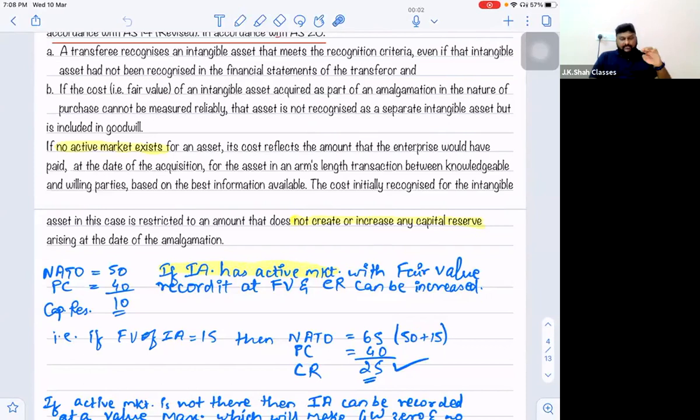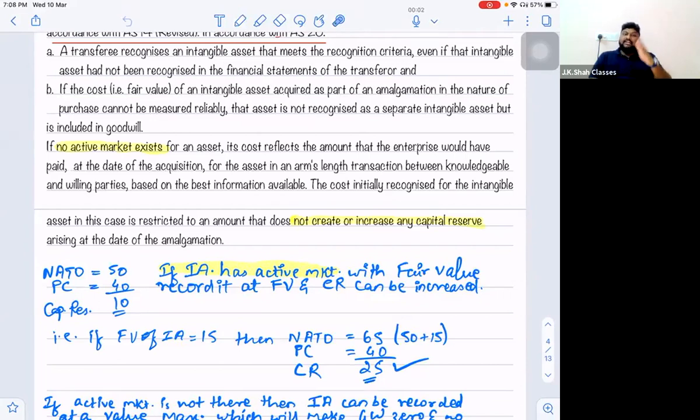And even if after recording the asset, it creates a capital reserve, we are having no problem with it. Or if it is increasing the capital reserve, we are having no problem with it. So by recording the intangible asset in your books at the fair value, because active market is available, you can create or increase capital reserve.